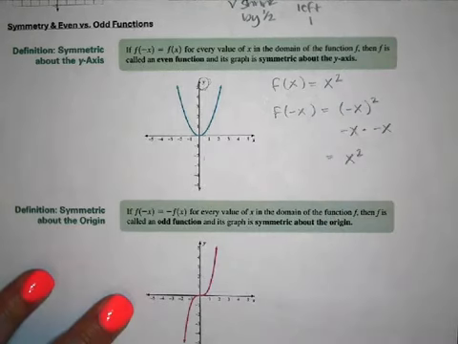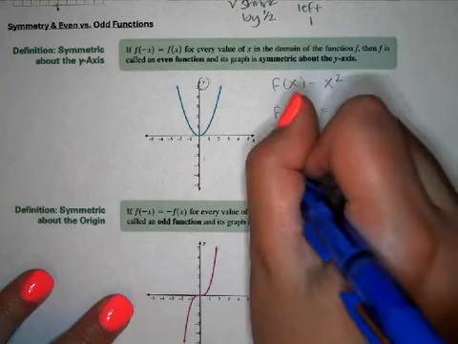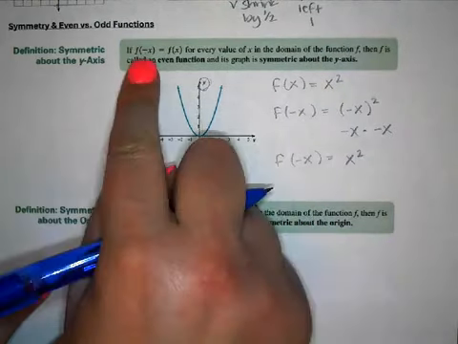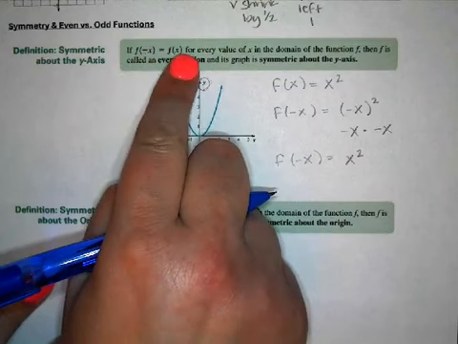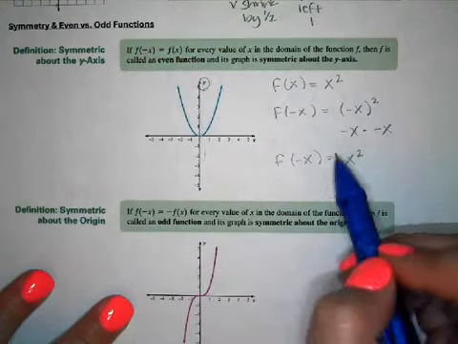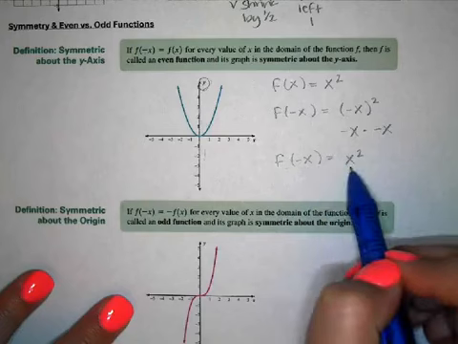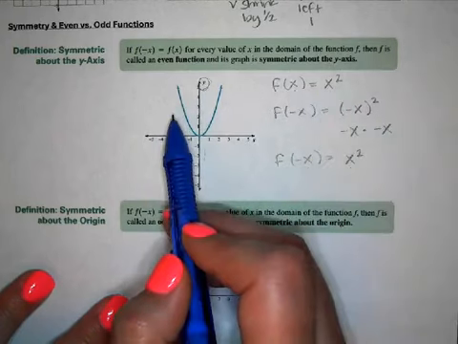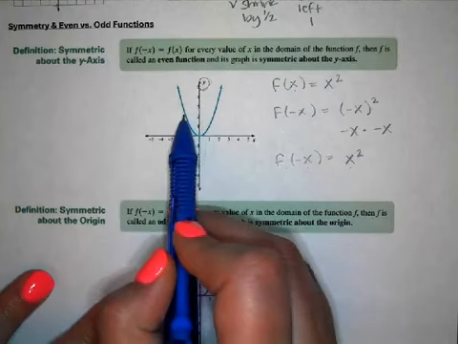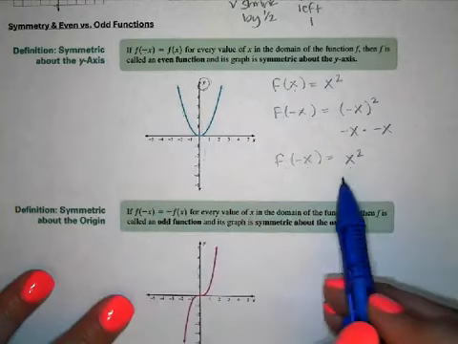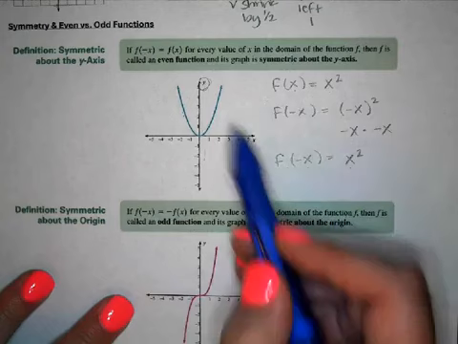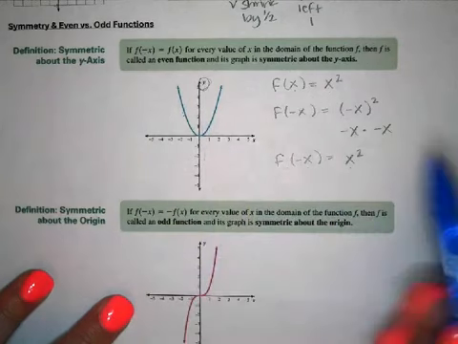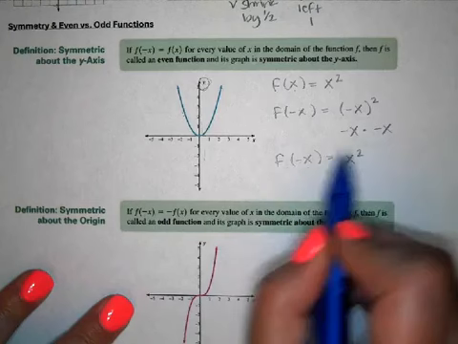So what they were saying here is that f of -x is identical to f of x, and you'll notice that that's true. f of -x is x squared, f of x is x squared. So if a function is symmetric about the y-axis, then it is also an even function. You can see it visually by looking at how you can fold the graph over the y-axis. You can see it algebraically by plugging in -x and simplifying the function to see what happens.